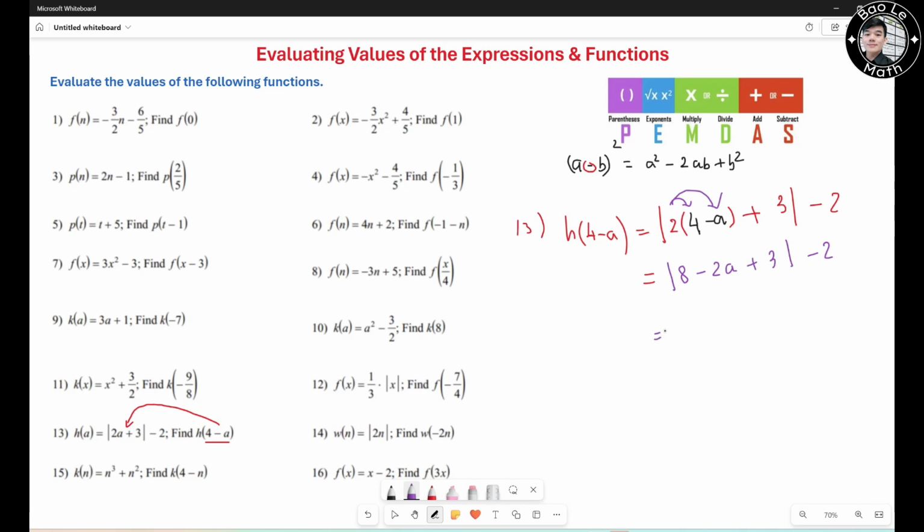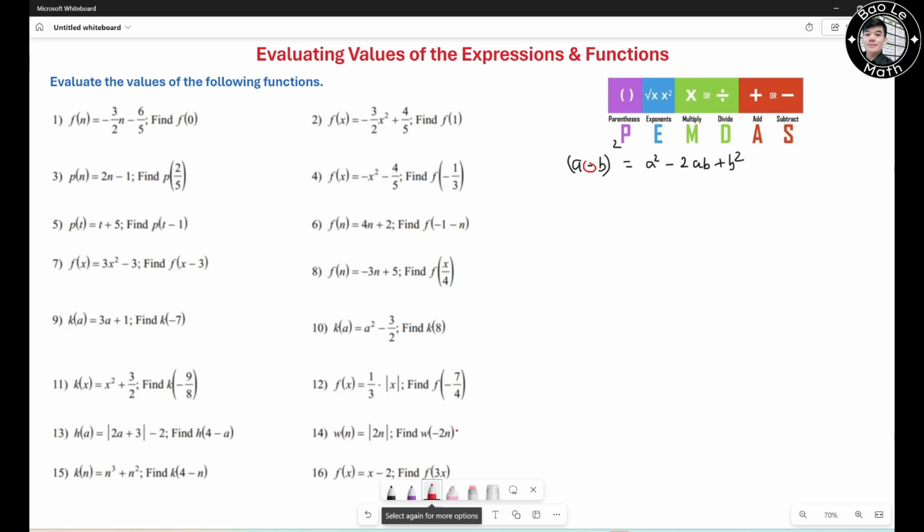And it's going to be 8 plus 3 is 11, minus 2a, minus 2. You can leave the answer like this, because you don't know if the expression inside the absolute value right here is positive or negative. So you cannot remove the absolute value sign.